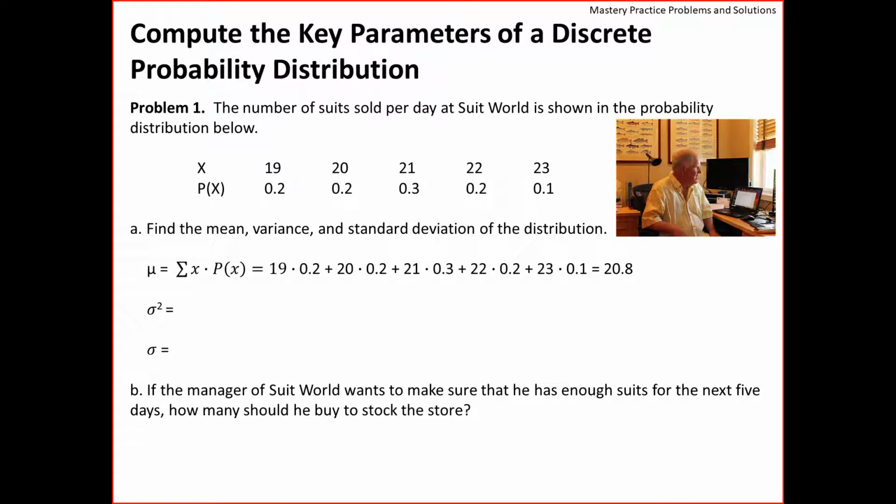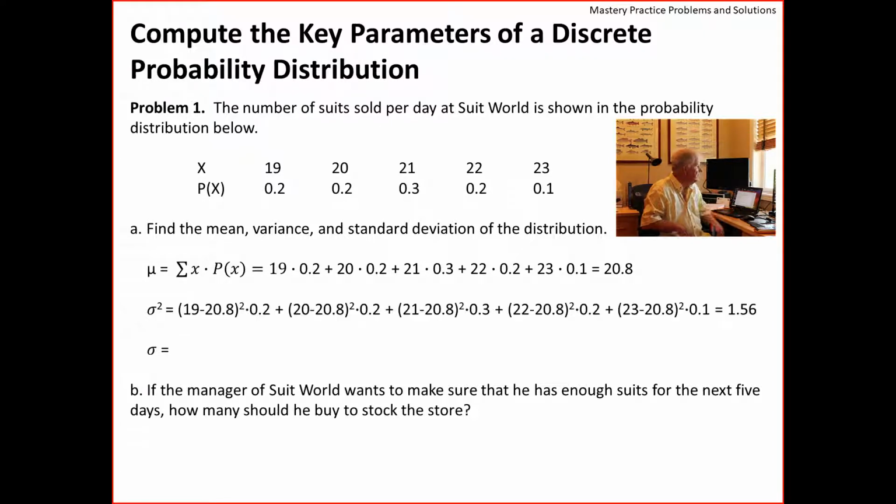You can do the same thing for the variance, because now that you've calculated the mean, the variance is just each x value's distance from the mean, x minus mu, squared, that's the squared deviations, times p sub x. So that looks like the following.